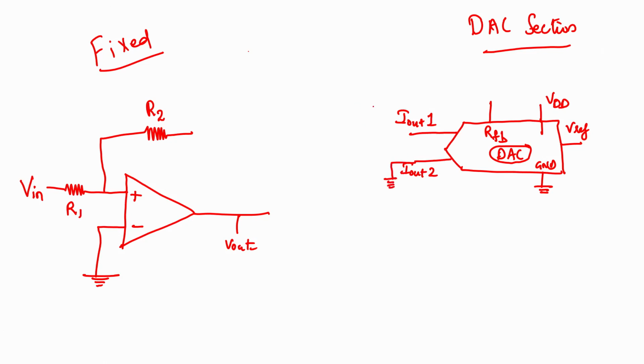And for us to do current to voltage conversion, we have to connect this to another amplifier. All this is very clear to you now. So the amplifier will again have a negative feedback. So the positive terminal will be grounded like this along with IOUT2, and IOUT1 will go to the negative terminal like this. Clear? So what will happen? This is the output of the amplifier, which will be a negative voltage.